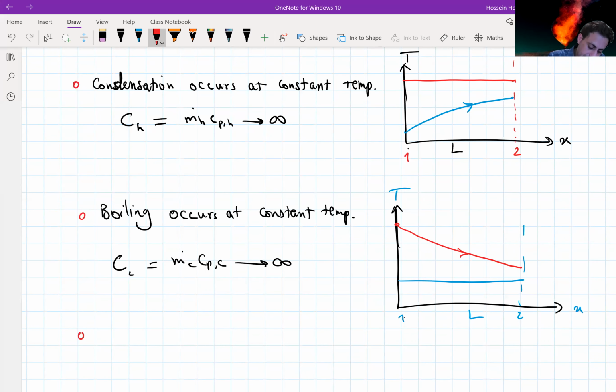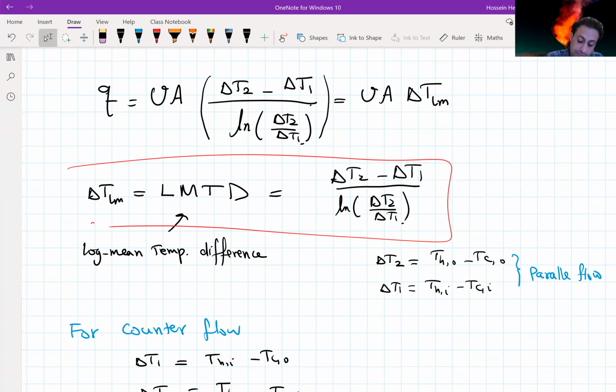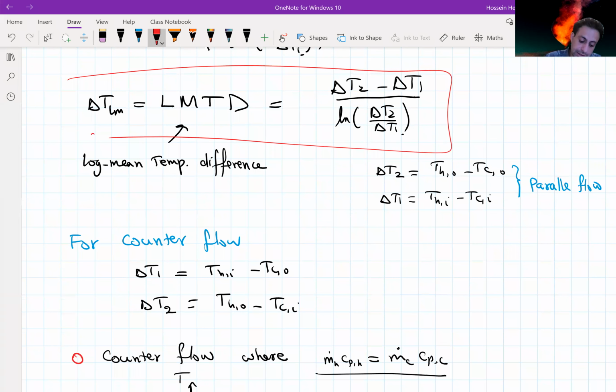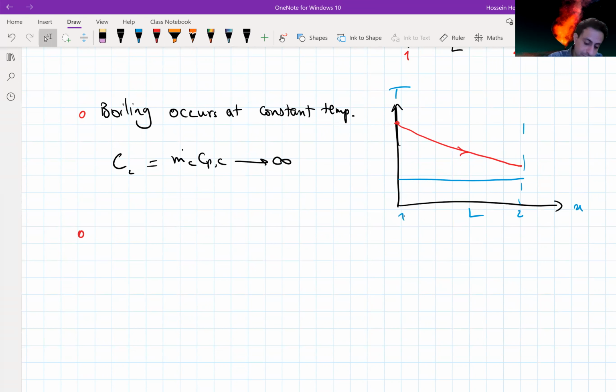Now, what we developed for the LMTD, or this driving force or average temperature as a driving force, was for the double pipe heat exchanger, for the parallel flow and counter flow. Now, at the beginning, we discussed that we have other types of heat exchanger like multipass and cross-flow heat exchanger.